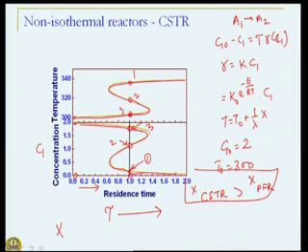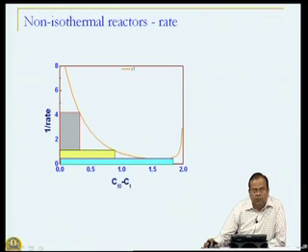However, this is what happens for an isothermal reactor. For a non-isothermal reactor, the conversion in a CSTR is actually better than the plug flow reactor. For isothermal, it is the other way around. So, let us try to look at why this is happening.